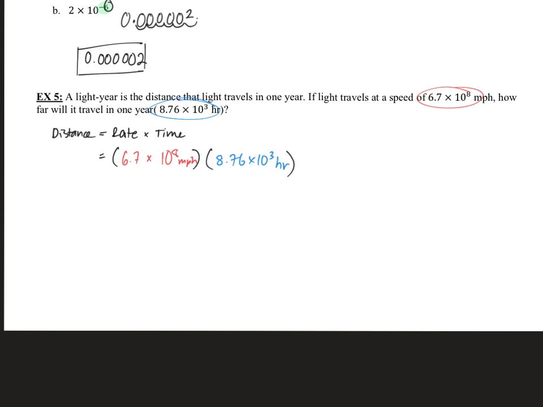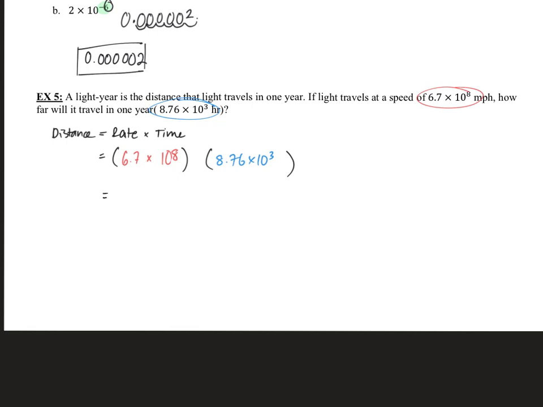All right, so what we're going to do, go ahead, I'm going to ignore the units at this time. Ooh, that was more than I wanted to ignore. Let me go ahead and rewrite that. Okay.